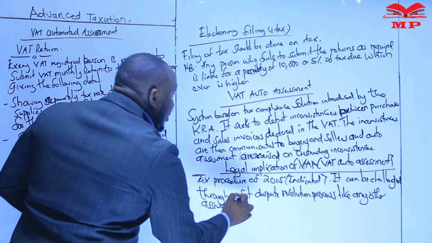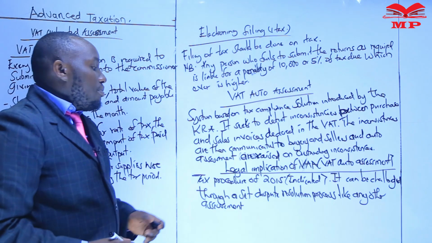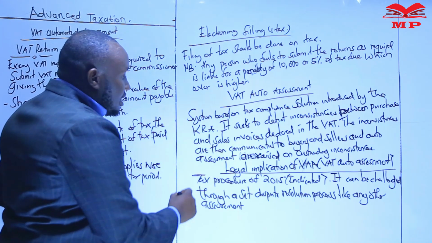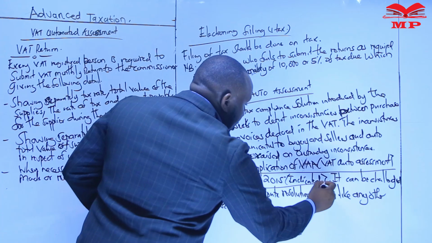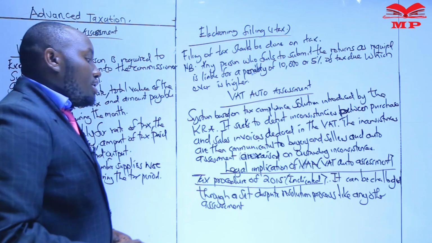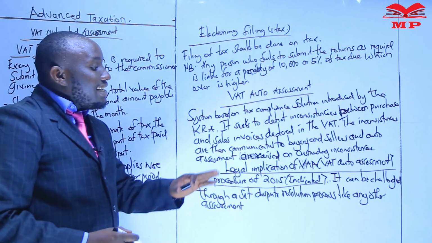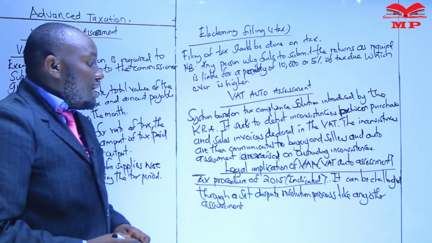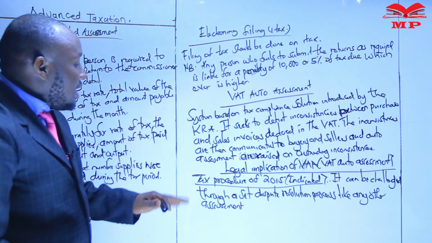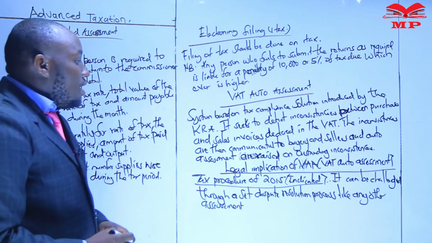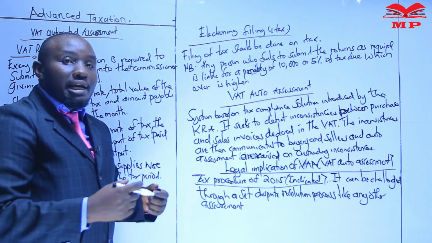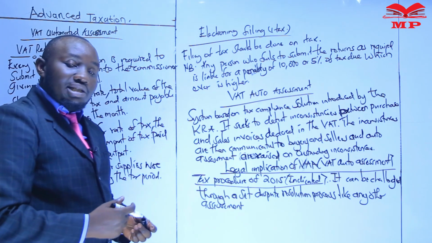This auto-generated system of compliance is envisioned by the Tax Procedures Act of 2015. Just like any type of assessment, the VAA can be challenged through a set dispute resolution process.